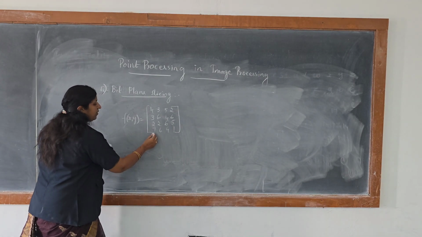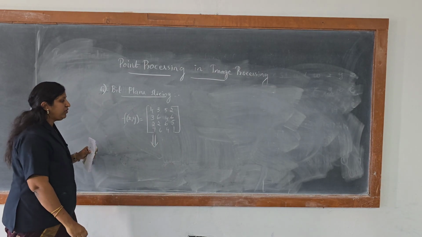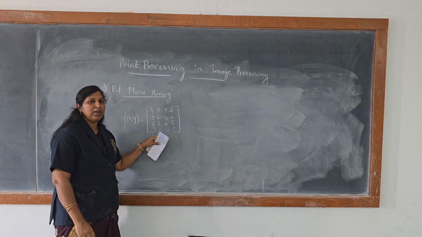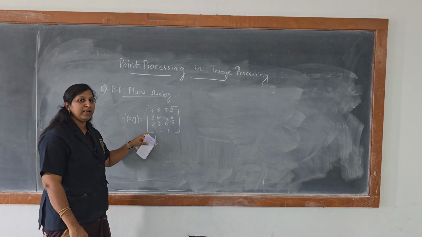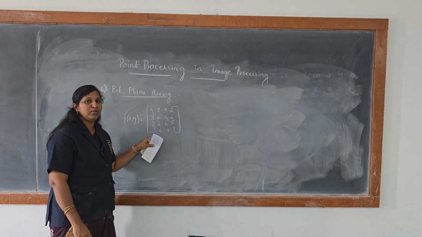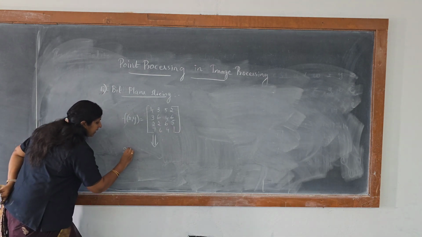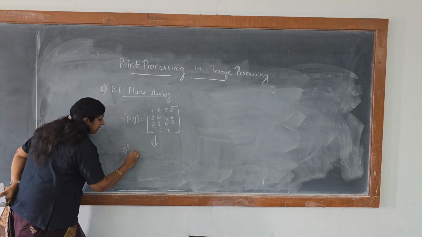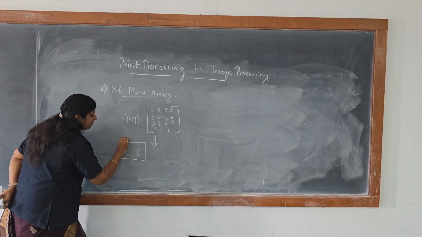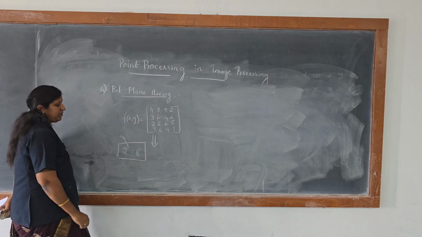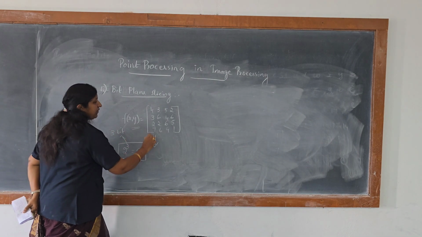To convert this digital image into binary form, first we have to calculate the number of bits. I already told you how to calculate the size of the image. We have taken the relation 2 power 3 equals 8. The power value gives the number of bits in the image, so the given matrix is a 3-bit image.